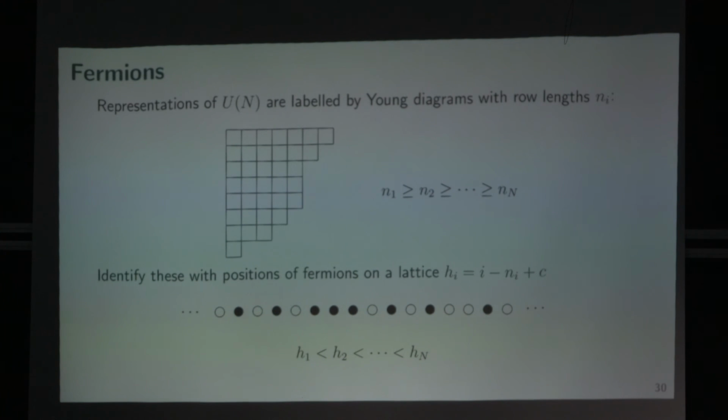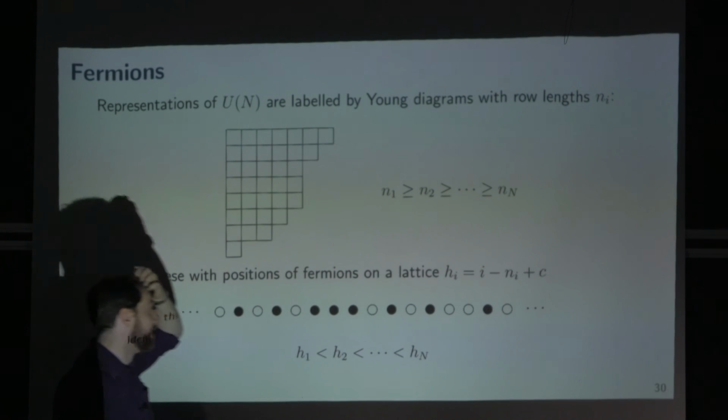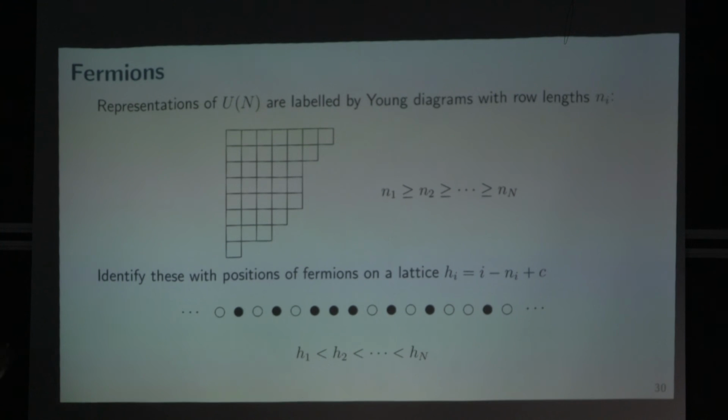And we just do a simple change of variables. We write some positions of fermions, h, which are also integers, and now they're going to be increasing. So I can think of them as on a one-dimensional integer lattice.